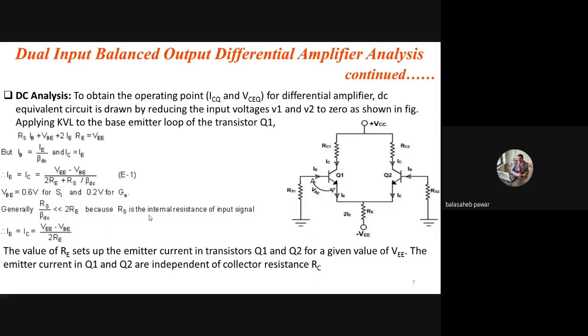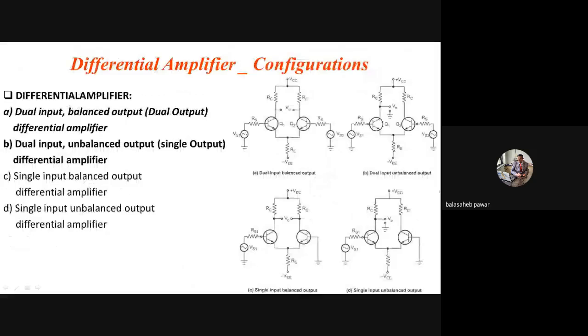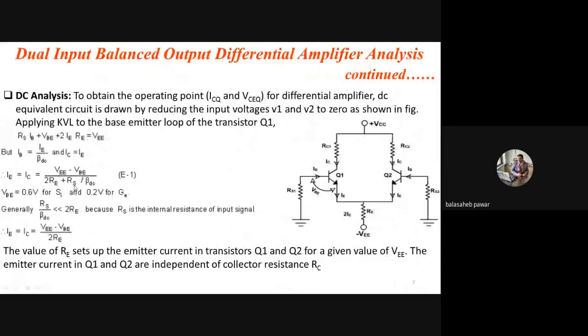That's why you will observe that VS1 and VS2, which were shown in this case, I grounded for the DC analysis purpose. Then by applying KVL to the input loop, you can take either the input of the first transistor or the second one, one and the same thing, because they are balanced transistors, or we can say equivalent transistors.